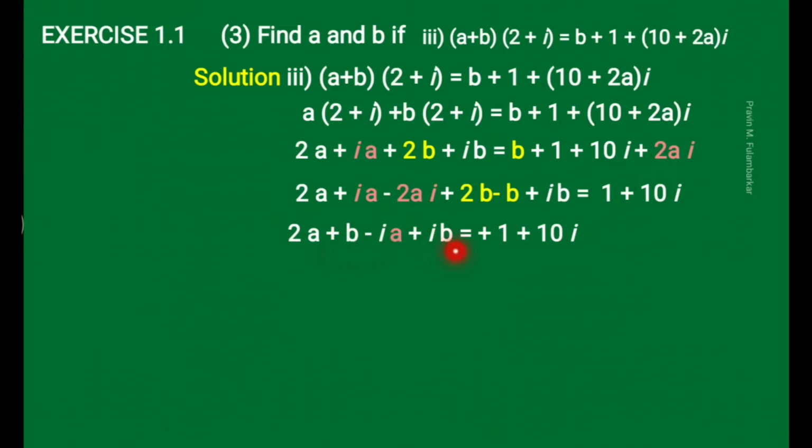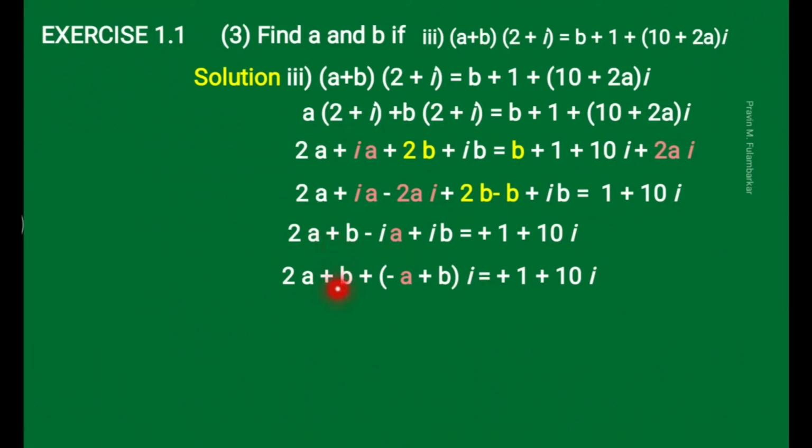Now take i common from the a and b terms. So we write 2a plus b as it is, taking i common from the third and fourth terms, we take plus i common, so minus a as it is plus b as it is.